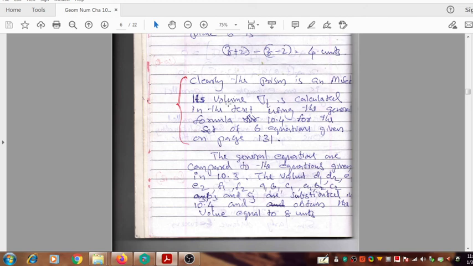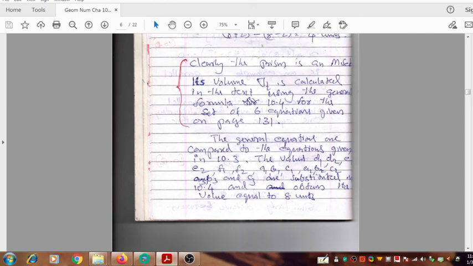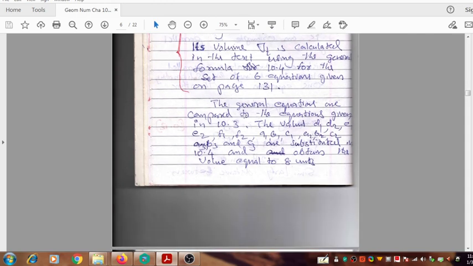But here we continue without giving the formula. We will straightforwardly give the value obtained when the coefficients of the equations are substituted in that formula to obtain the volume.